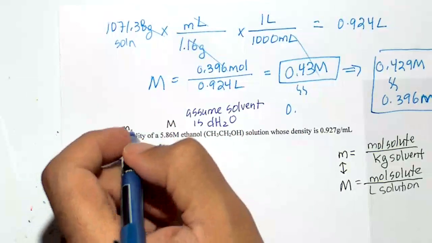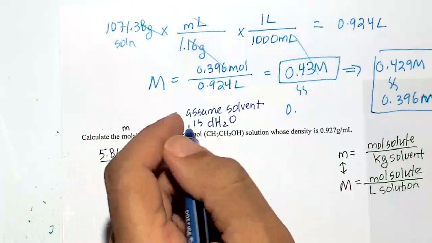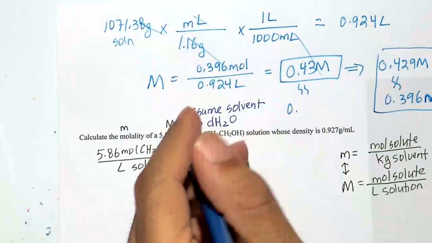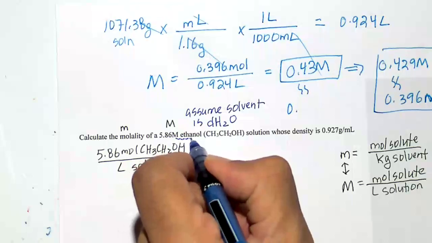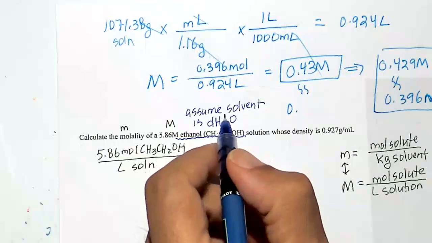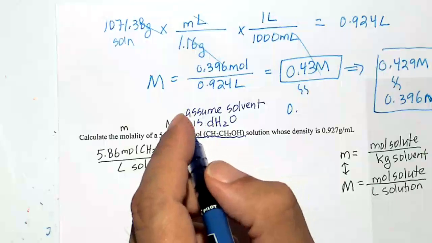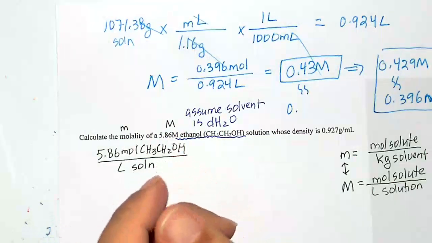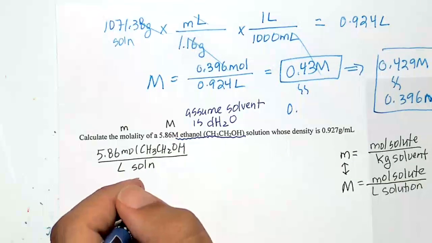If our solvent is water, what is our solute? What's our solute? Okay, solute is ethanol. Okay, our solute is ethanol.